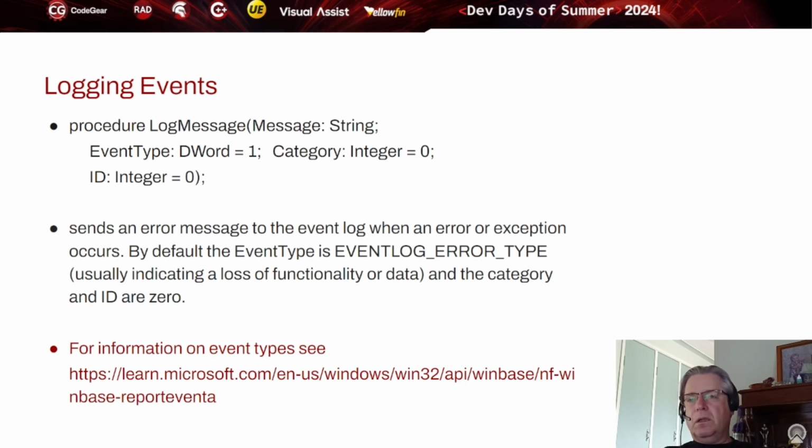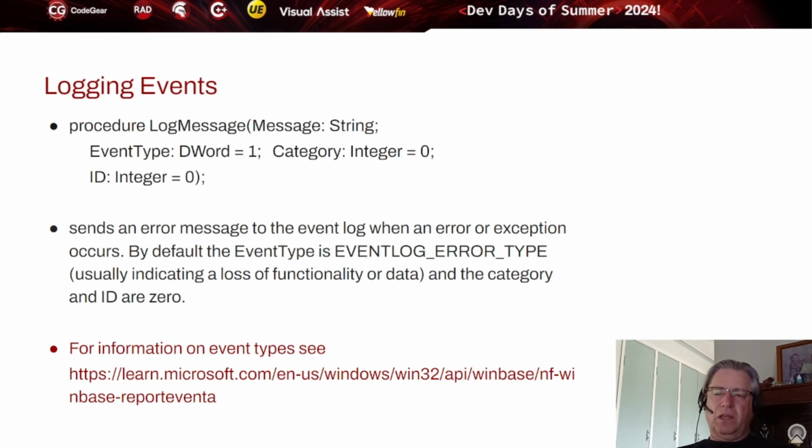In the previous two slides, we've talked about writing messages to the Windows event log. The function to do that is the log message function. You'll see that the last three parameters have defaults.